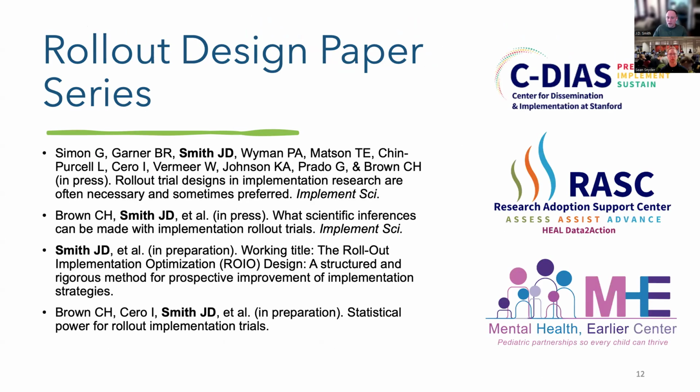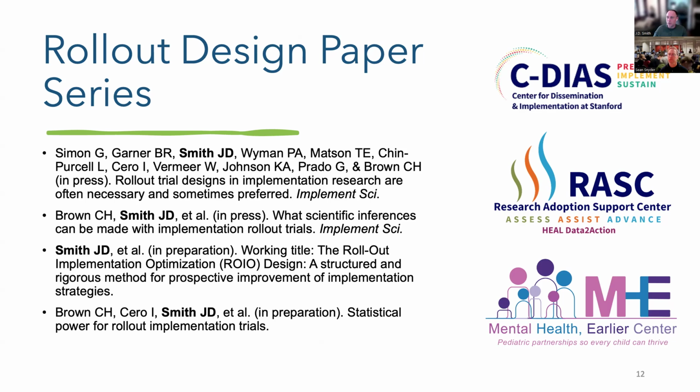So I'm actually going to be talking about several papers today that are part of a rollout design series. Two of the papers are already accepted for publication. We published a paper early this year. The Simon paper actually was published in Implementation Science in early 2025. Hendricks Brown led a paper on what scientific inferences can be made with implementation rollout trials that is very statistically oriented.